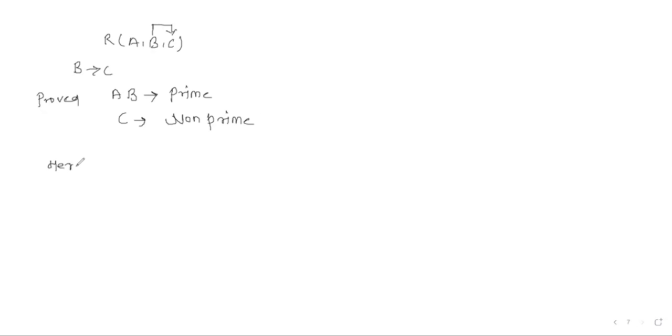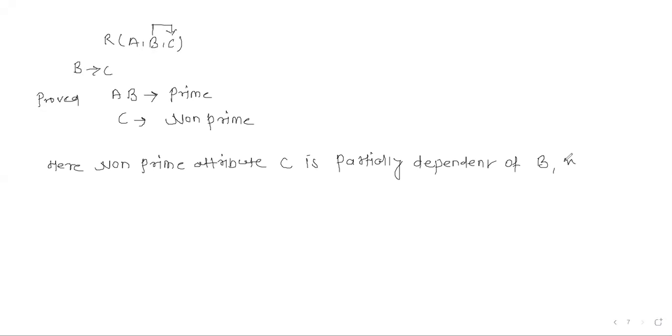And here the non-prime attribute C is partially dependent, which is not accepted. Partially dependent on B, which means B is not a candidate key. So the relation is not in second normal form.